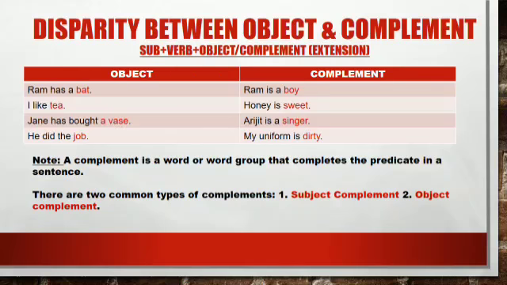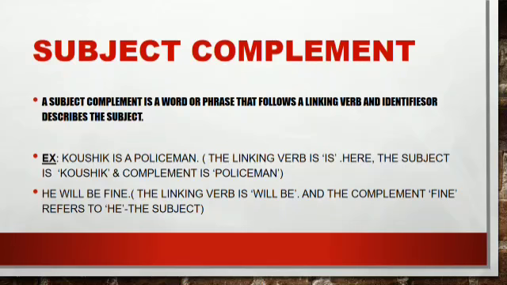And now here we are going to discuss the two types of complement, that is the subject complement and the object complement. Subject complement. So here are the examples. From here you can find it out. Kaushik is a policeman. So Kaushik is the subject, and is a policeman.